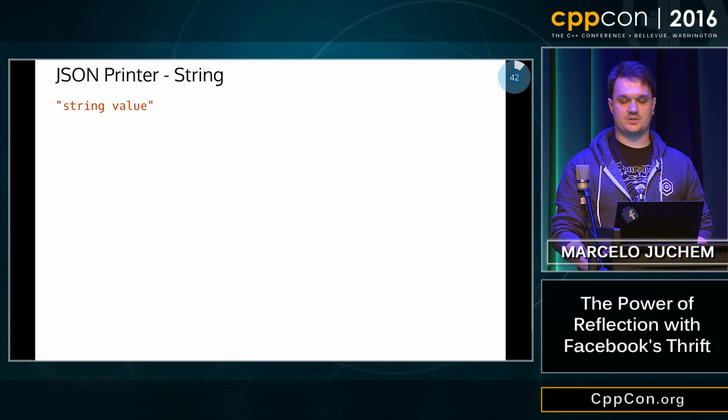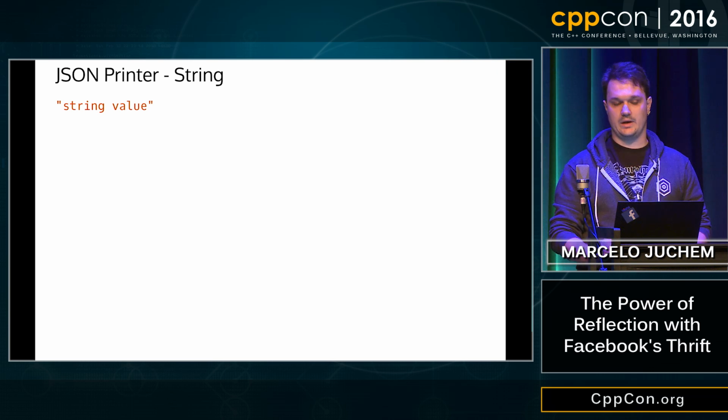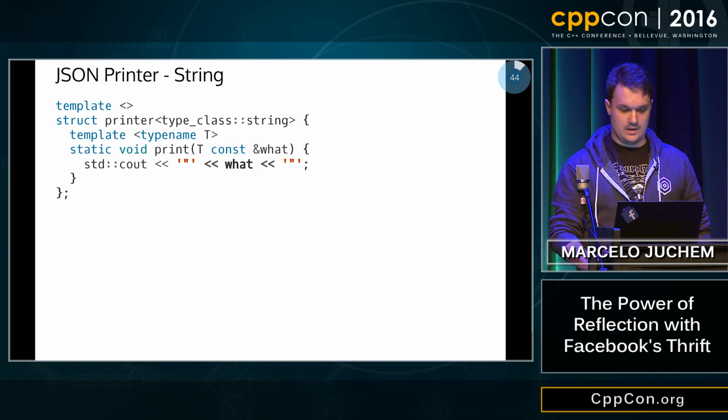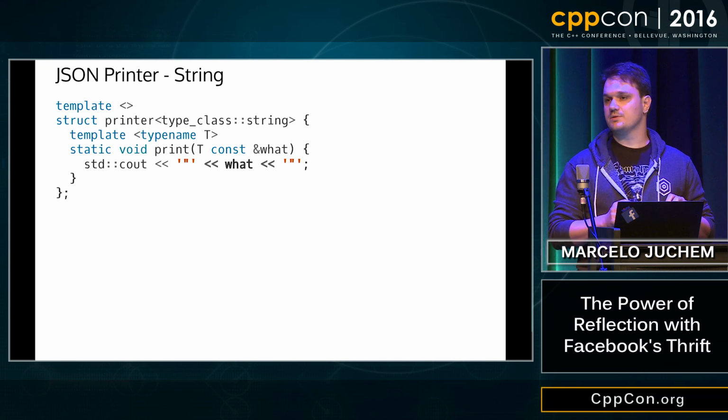So the next thing is strings. How do we write strings? Ideally, we have to quote them because that's the format that JSON accepts. So we write a specialization for strings. That's just a template specialization for printer. So whenever the type class is a string, this is what's going to be called. And we just write the print function, and what it does is writes the quotes, writes the value, writes the ending quote.